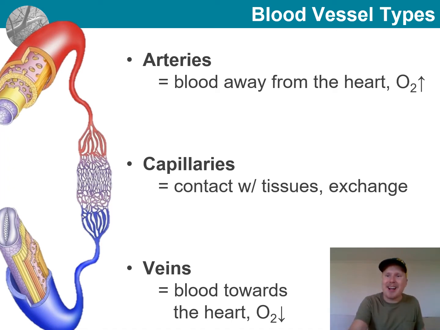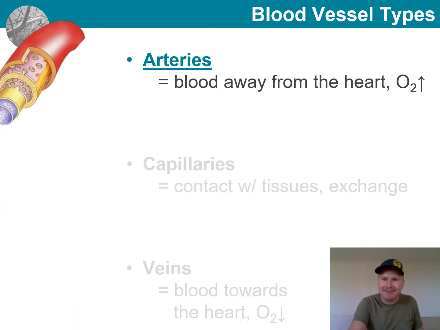Let's start with arteries. When we talk about arteries, there are a few things that we would need to look at. But let's start by reminding ourselves that these are the vessels that arise directly from the heart.